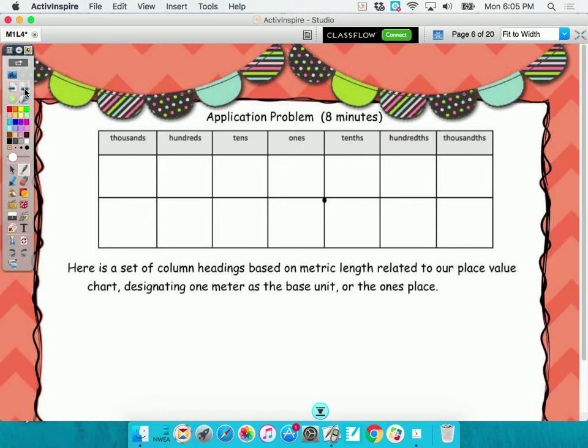So let's start out by labeling this chart. Now, one block, I believe, got this labeled, but I think we did it incorrectly. So hopefully you can just erase a little bit and fix what we did incorrectly last week. So the base unit of measurement, and we're talking about length right now, is 1 meter.